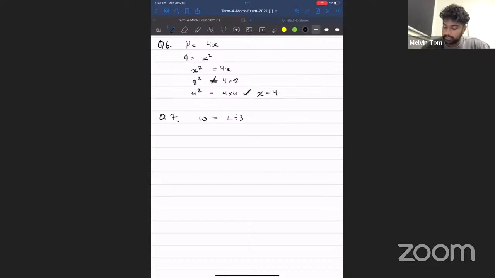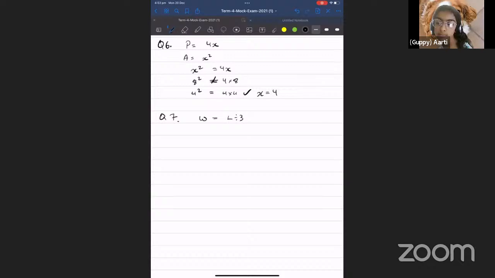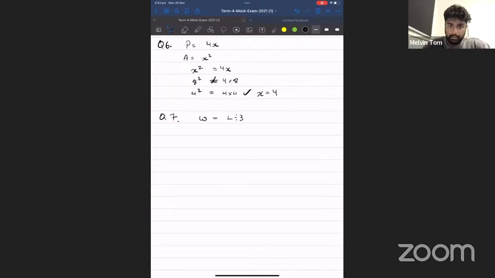Question 7. Width is length divided by 3. And then we know that the perimeter is equal to area. So how do you find the perimeter of a rectangle? It is length plus width times 2. And the area is length times width. Because we have 2 different variables, we're going to get rid of one.